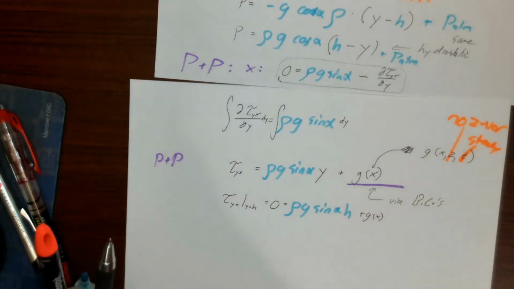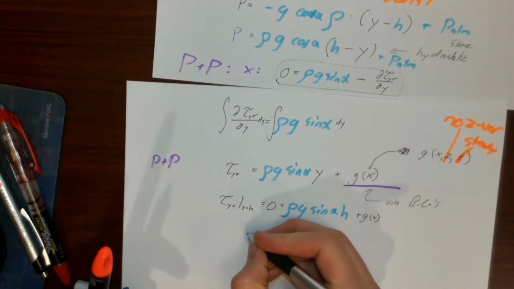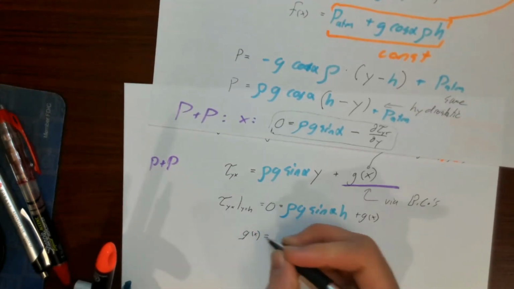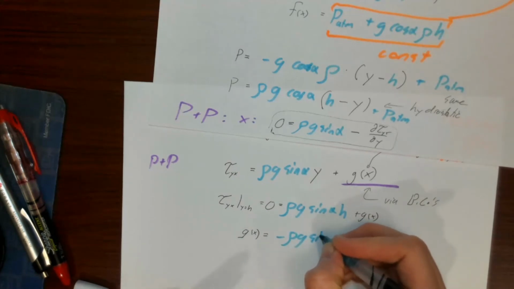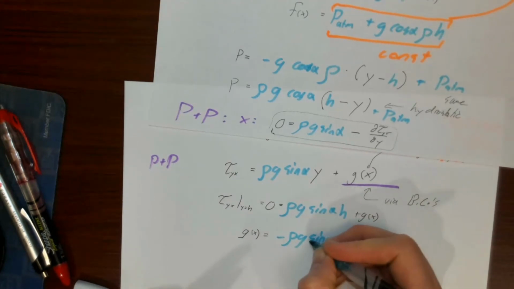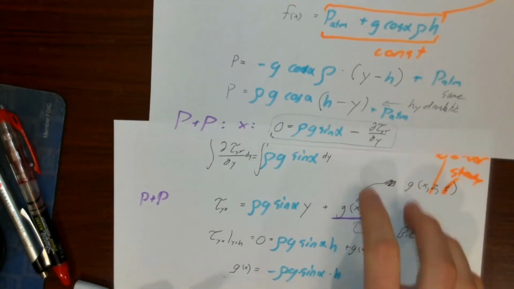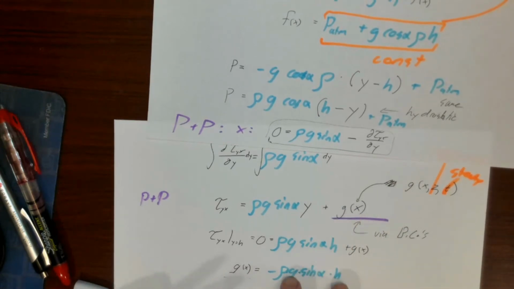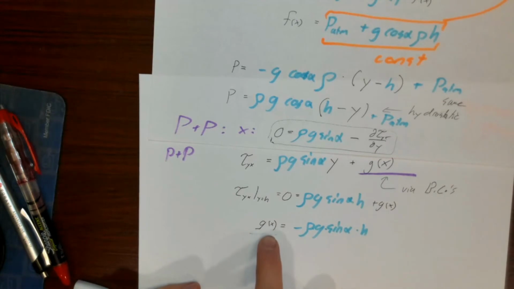What do we find out right here? Well, we basically say g of x has got to be equal to minus rho g sine alpha times h. And this gives us all the information to now treat g here. So what does this mean? We can basically plug in this expression for g, and it turns out that g actually isn't a function of x at all.